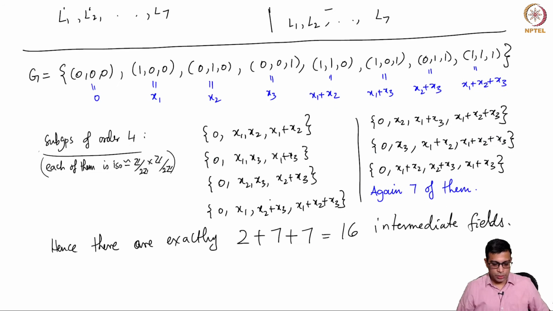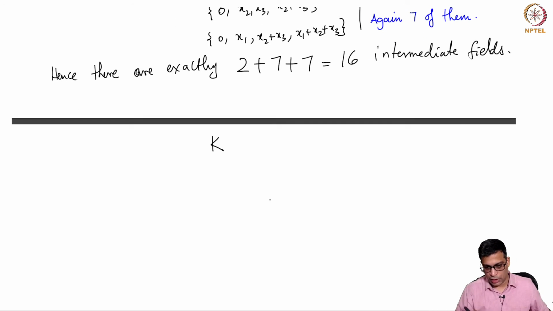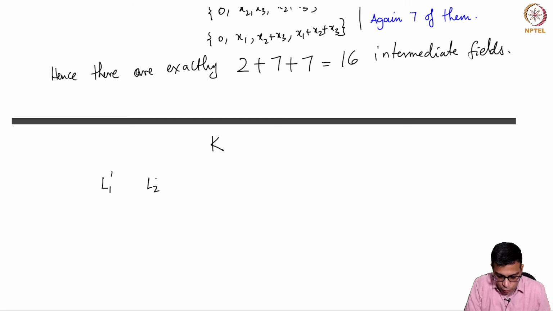Okay, so the ones without prime are degree 2 over Q, so these will appear with degree 2. So L1 prime, L2 prime, L3 prime, L4 prime, L5 prime, L6 prime, L7 prime.